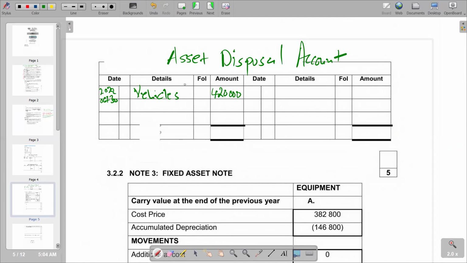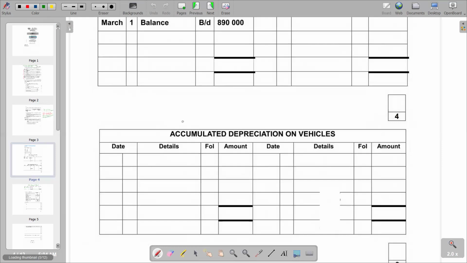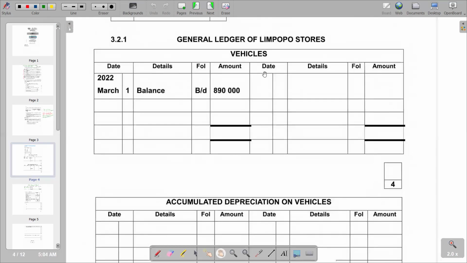So obviously, in terms of folio, we put the subsidiary book. Obviously, this is the general journal, GJ. So this is the abbreviation that we have. Then we also go to the asset account, whereby we have our asset account here, which is the vehicles account. And then we are going to the credit side, and we are saying this is transferring 2022 October 30.